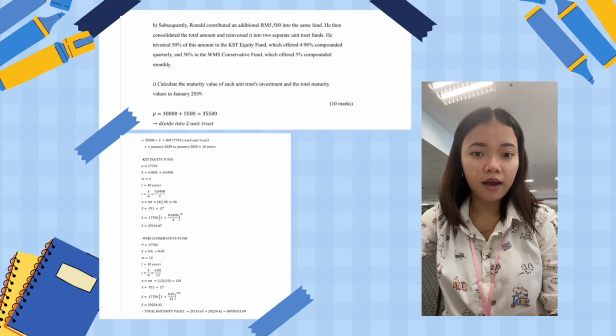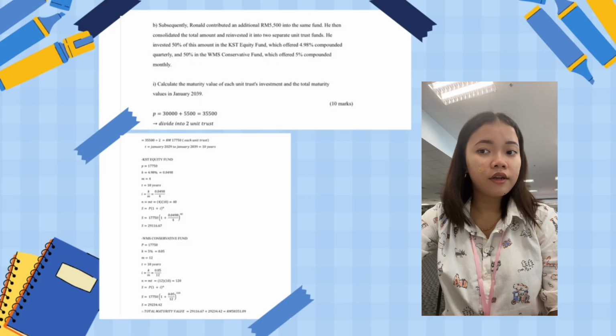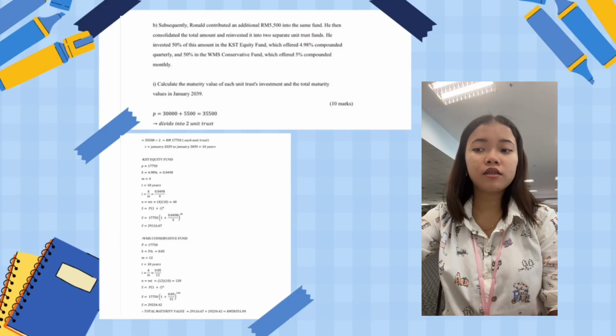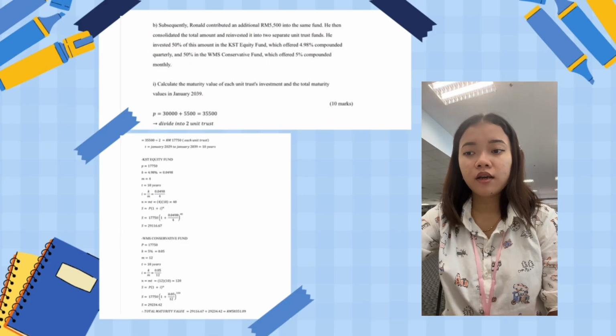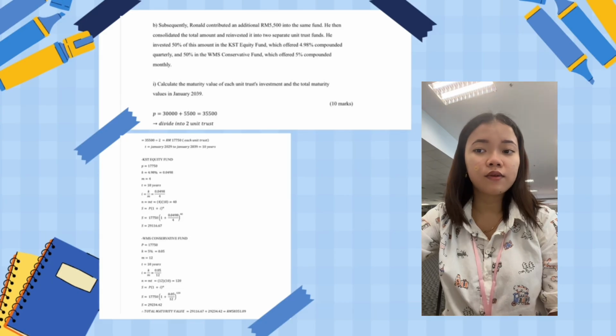For question B, I will explain how Ronald reinvested his fund and calculate the maturity value of 2 unit trust investments. Ronald initially had 30,000 ringgit and later added 5,500 ringgit, making a total of 35,500 ringgit.